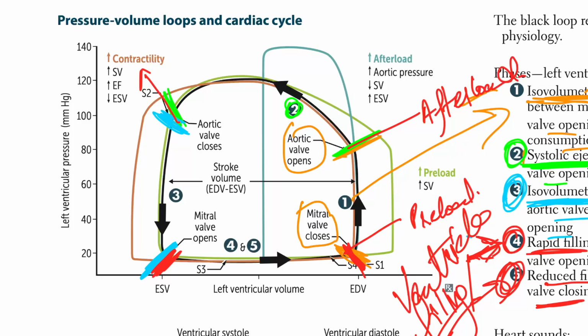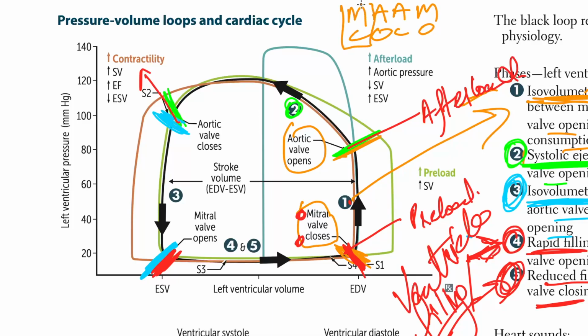As for a mnemonic, you have the mnemonic MAM Coco. What is MAM Coco? So first, 1, 2, 3, 4. Mitral closure, aortic open. Aortic closure, mitral open. MAM Coco. Let's just do it one more time in a better way. MAM Coco.